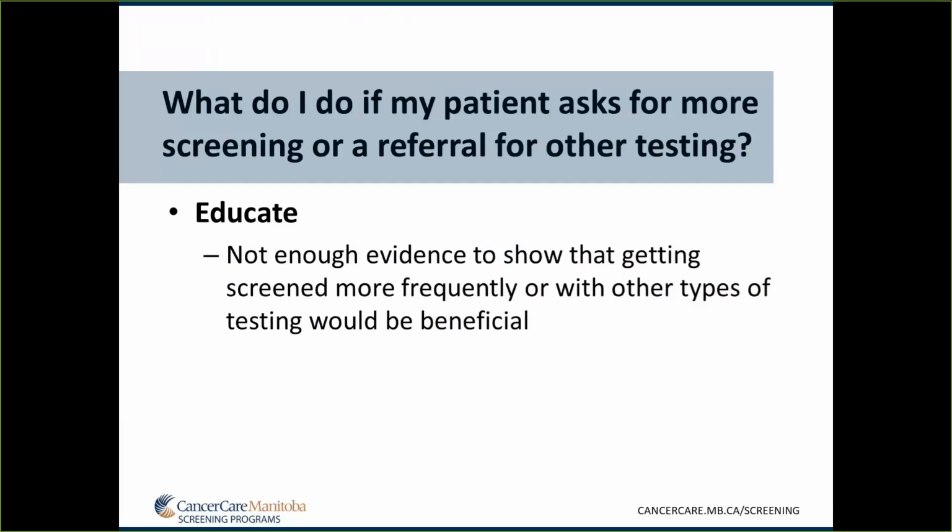And again, it's well worth your while and your patient's while to reflect on those modifiable risk factors for breast cancer. And currently, the literature does not support modifying the screening on the basis of breast density alone.